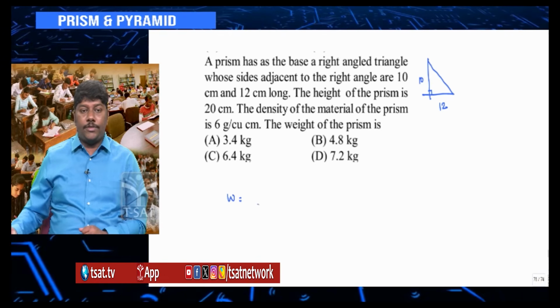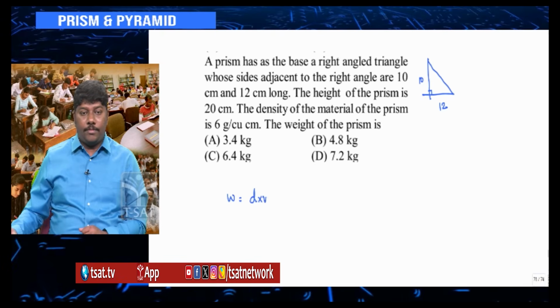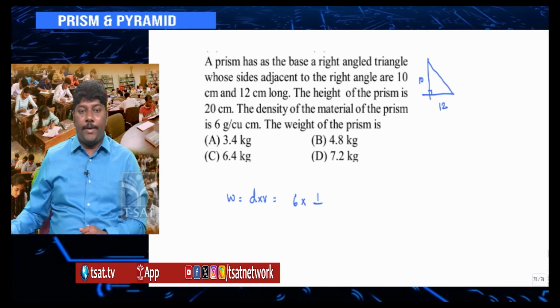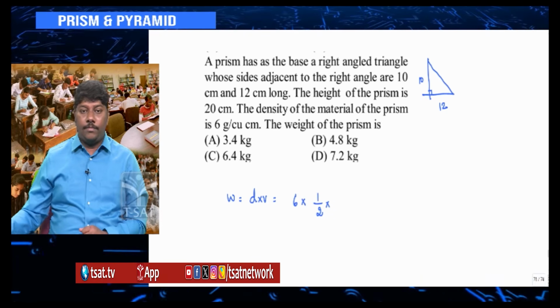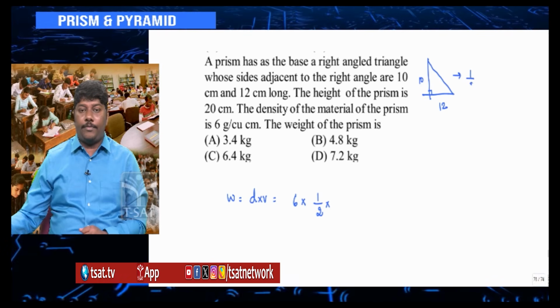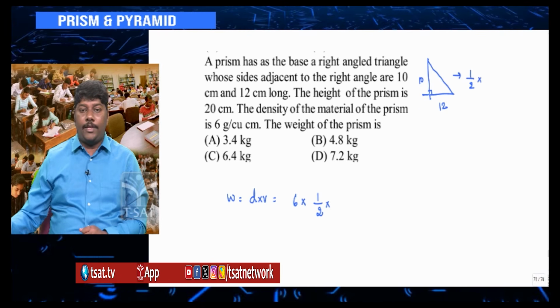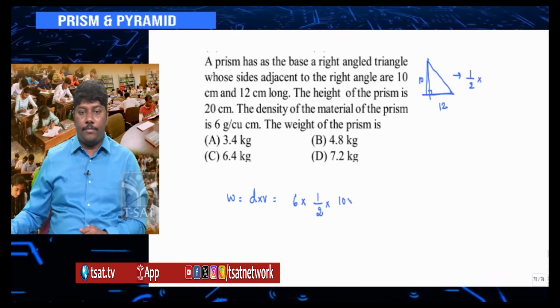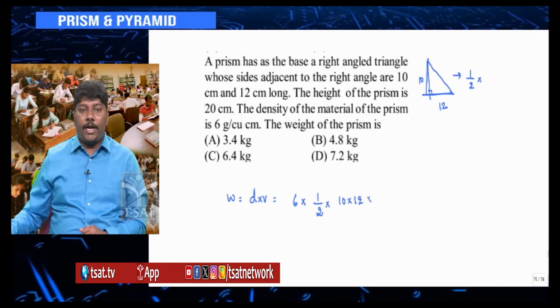So weight is equal to density into volume. Density is given as 6. Volume is base area into height. Base area is half into, what is the area of a right angle triangle? Half into base into height. One side becomes base, one side becomes height. So it is half into 10 into 12 into the height of the prism.